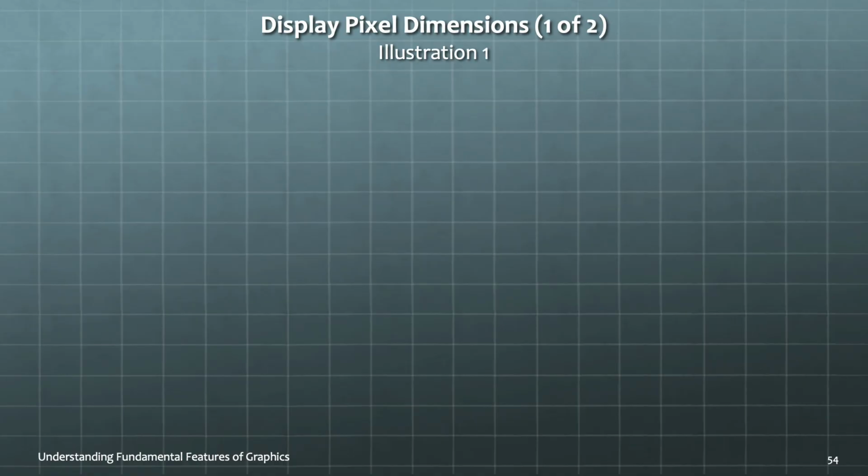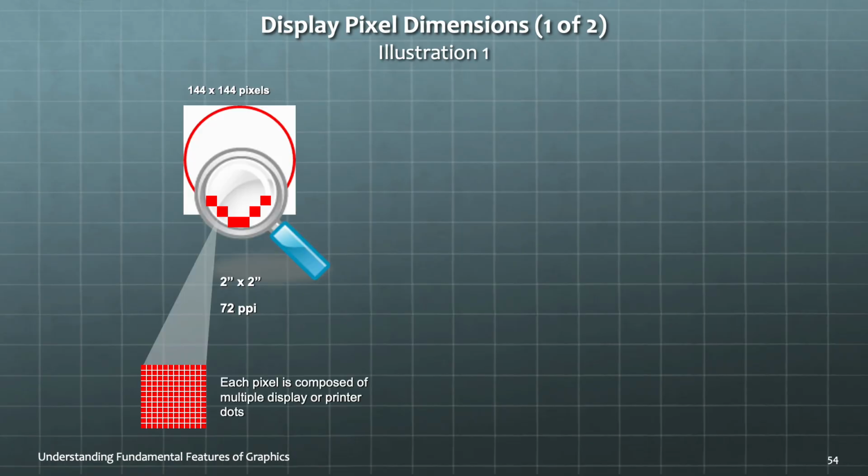Here's a visual illustration of the concepts of pixel dimensions, pixel density, and physical size, and how they relate to display or printer dots. Let's say an image has pixel dimensions of 144 by 144 pixels at 72 pixels per inch, with a physical size of 2 by 2 inches. Each pixel is composed of multiple display or printer dots, since those dots are much smaller than the large 72 pixels per inch that you can see magnified in the image.